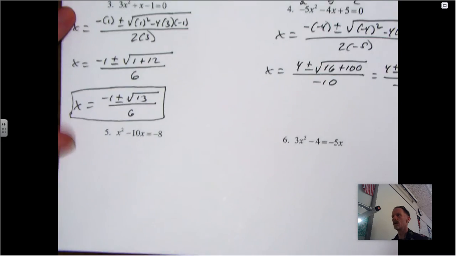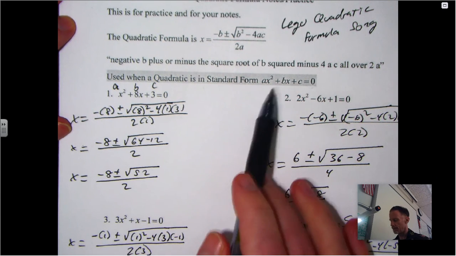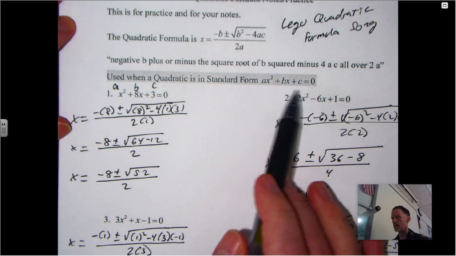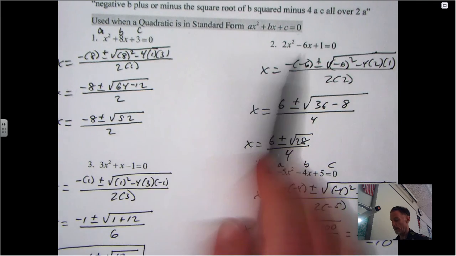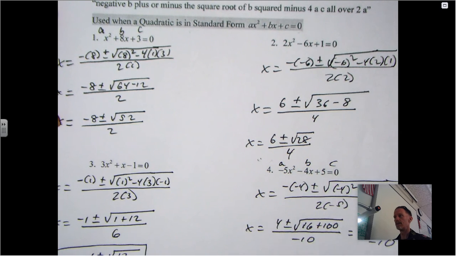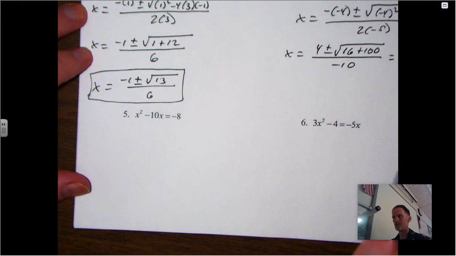Last two. So notice, at the very top of the page here, I did say when the quadratic is in standard form, ax squared plus bx plus c equals 0. Notice these first 4, they were all equal to 0, so it was fine. So that was my a, b, and c value. But notice these last 2, they are not equal to 0.